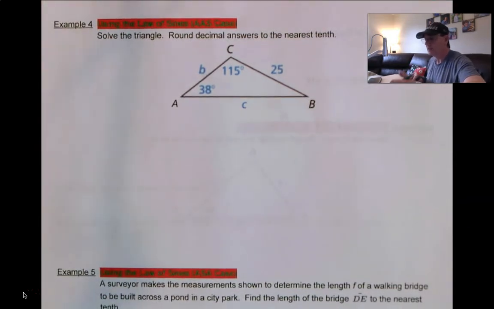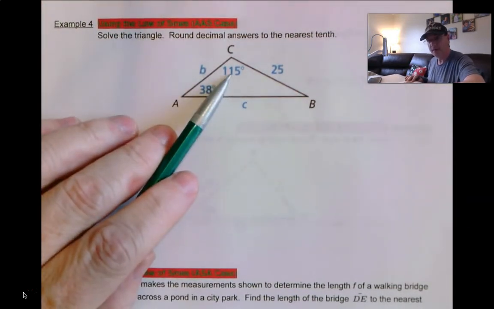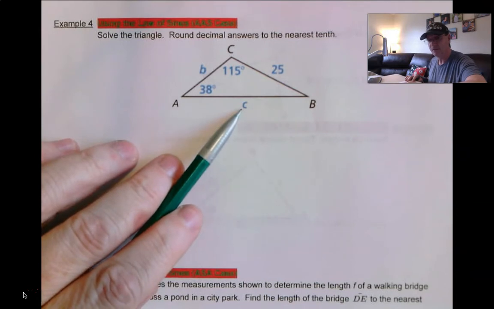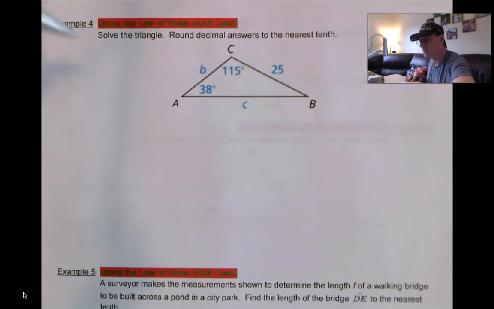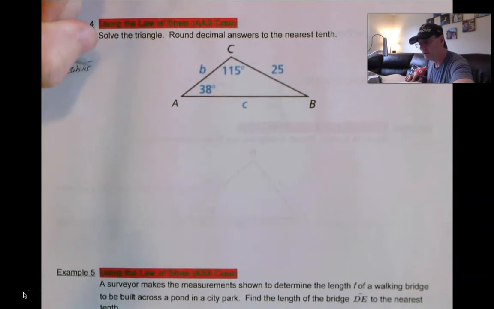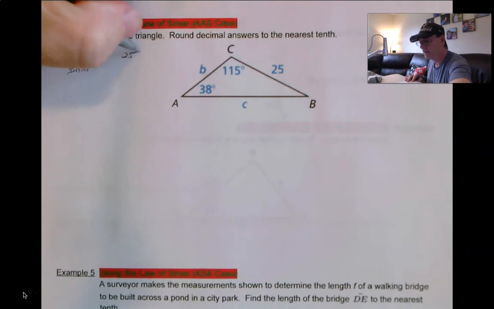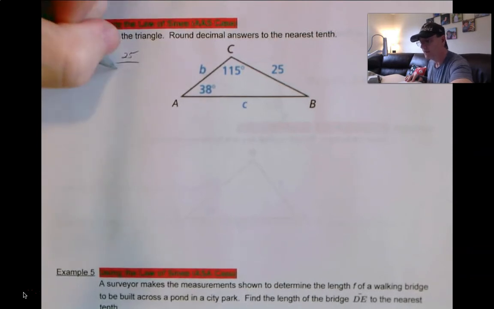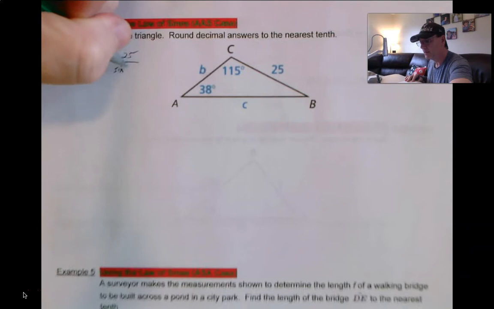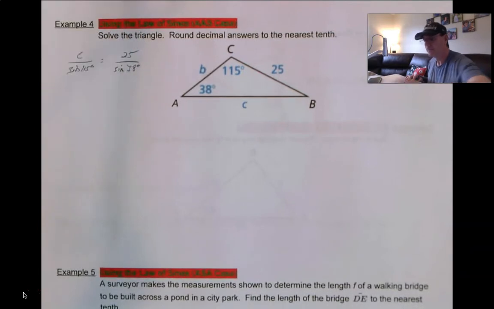Because we know the 115, we're going to find C first. So we've got little c over sine 115 degrees equals little a, which is 25, over sine of angle A, which is sine of 38 degrees.